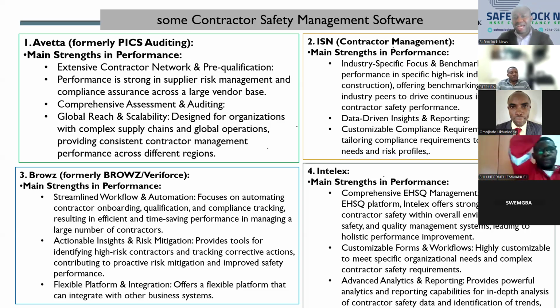It manages a large number of vendors for one particular organization. It also has risk assessment and auditing tools inputted in it. It is used globally and is designed for organizations with complex supply chains. So that is Aveta for you.